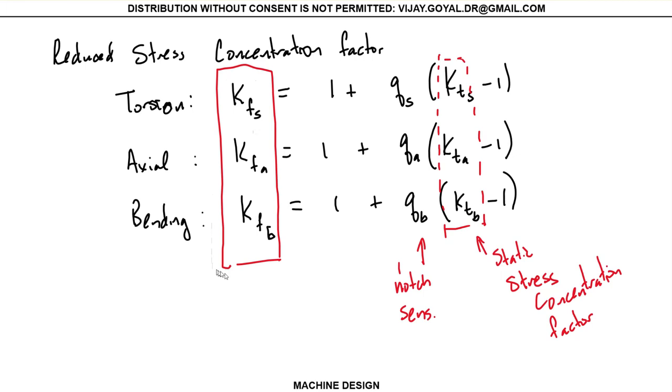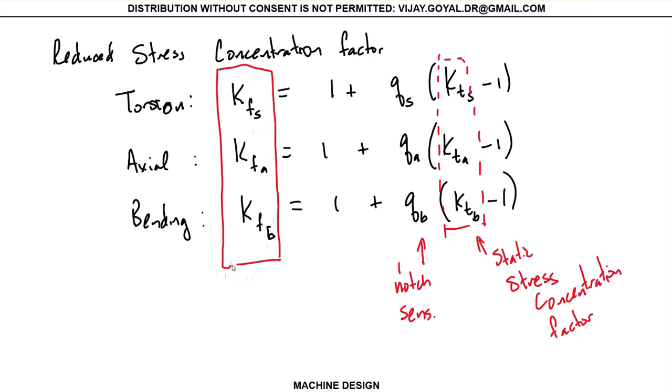You're constantly applying that, and it just doesn't completely apply, so you have a reduction. There is no need to put extra burden on the structure. By burden, I mean adding an additional factor of safety that's not needed. So the stress concentration factor we use is the reduced stress concentration factor.